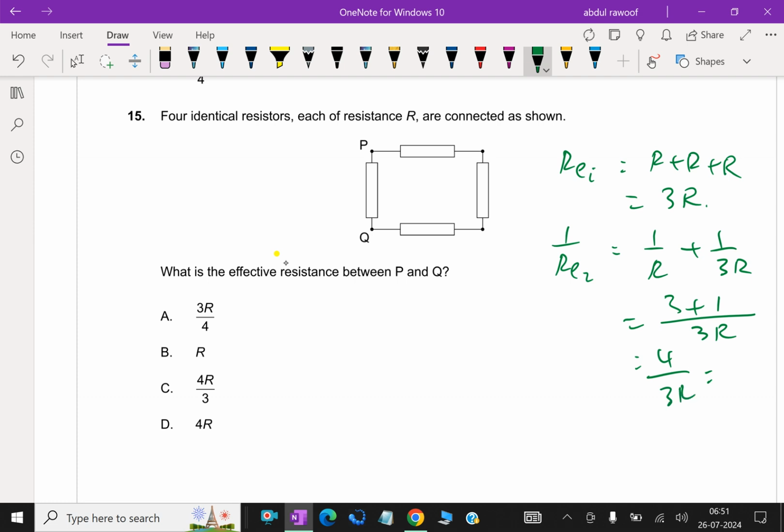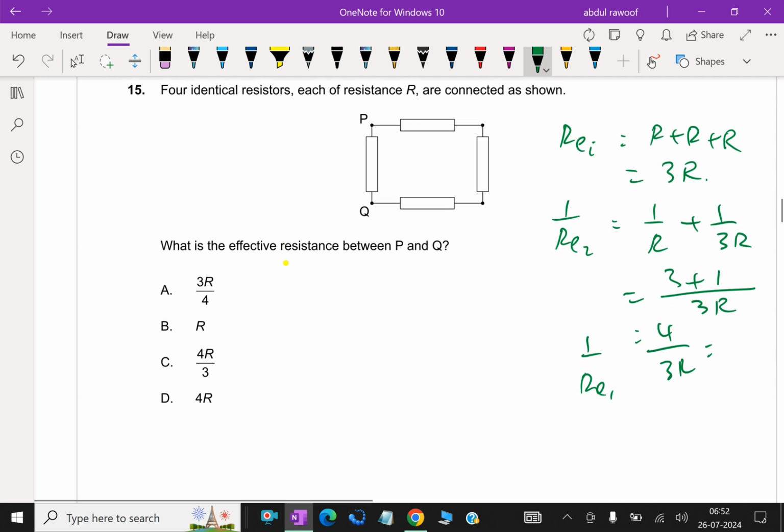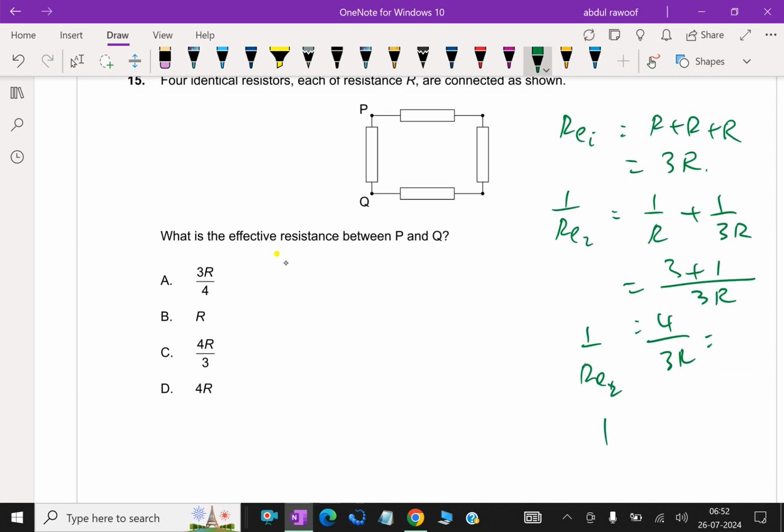Then the effective resistance is 3R over 4. That is option A.